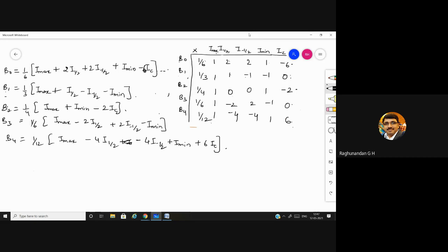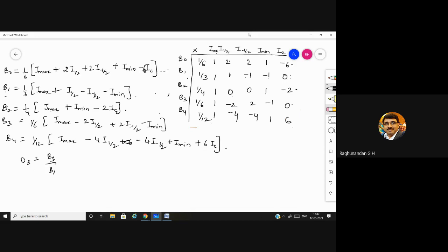Why you require these equations is, see, sometimes in the problems they will give you the maximum value and minimum value of the collector current, and they'll ask you to find distortion. So in order to find the distortion, you need to know the B3 and B2 values, because if you want to find D3, you need to know B3 by B1.